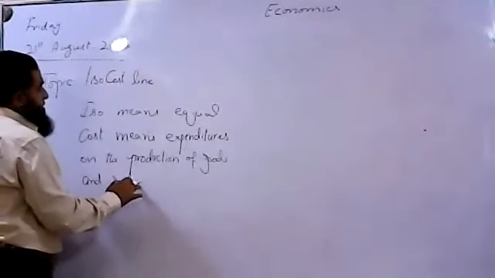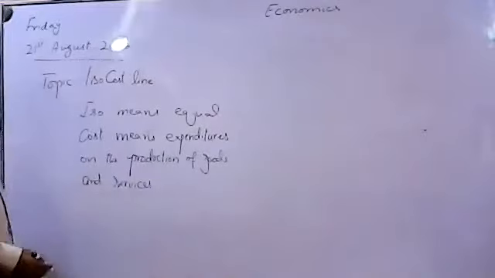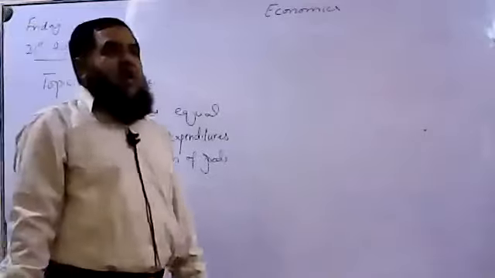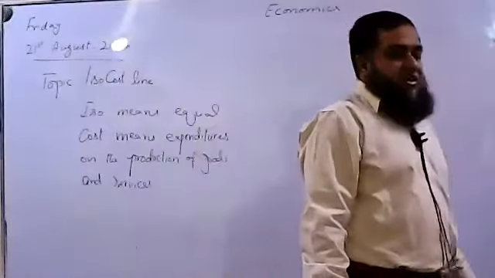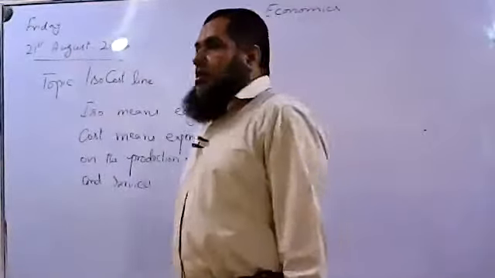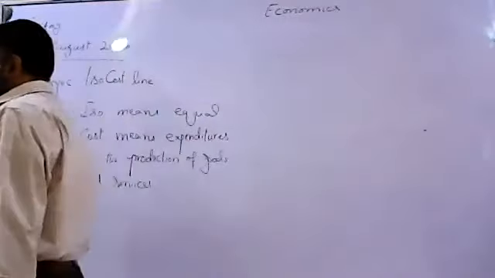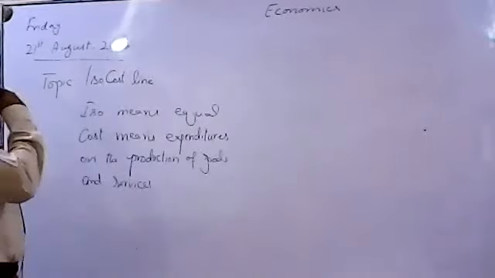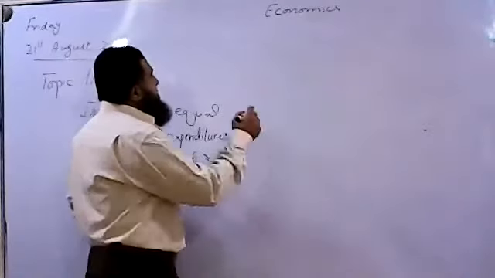This is about cost, like monetary expenditures which are incurred by the producers or entrepreneurs in order to produce the output, that is called cost of production. So if along one line the cost of production does not change, we say that line is telling us about the isocost line.